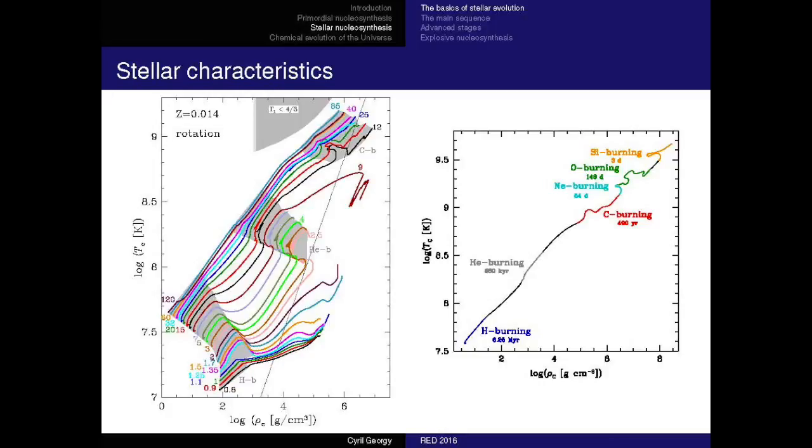So your star will collapse very quickly in a few hundred thousand years, even less. This is helium burning. So in probably 1,000 years, your star will go to very high temperature and very high density, up to a point where it is able to ignite helium burning.